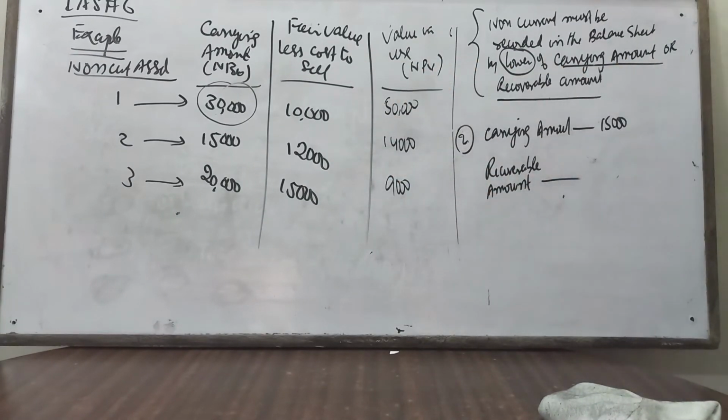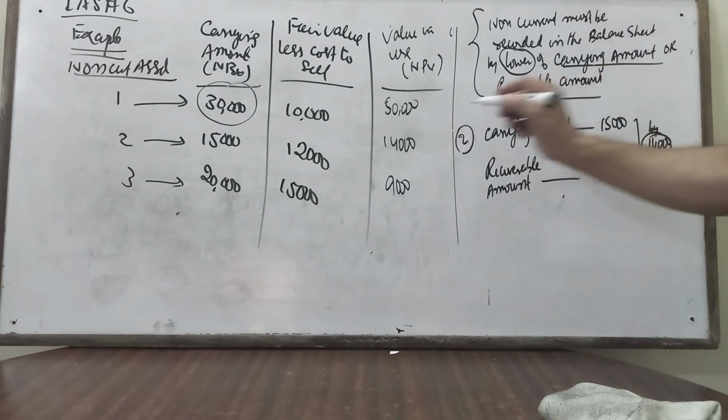Again, recoverable amount is the higher of these two. Which is higher here? 14,000. This asset number 2 will be recorded at 14,000 in the balance sheet.